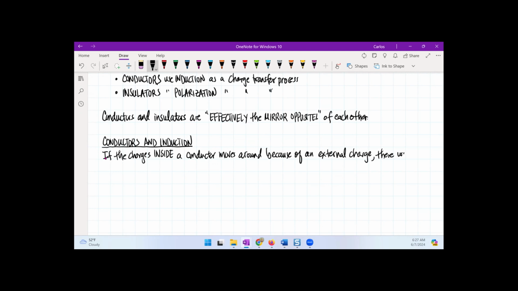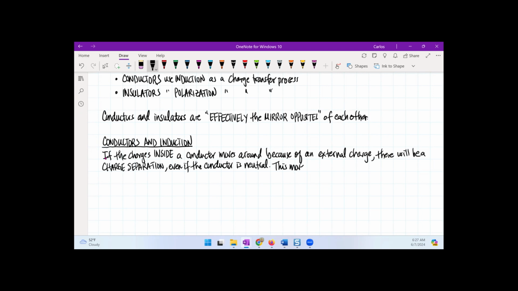There will be a charge separation, even if the conductor is neutral. The conductor's not charged. All we're doing here is that we're causing a charge separation. That's the main point right there.